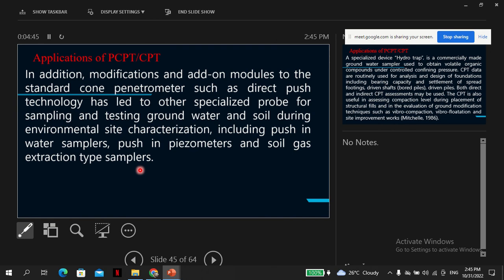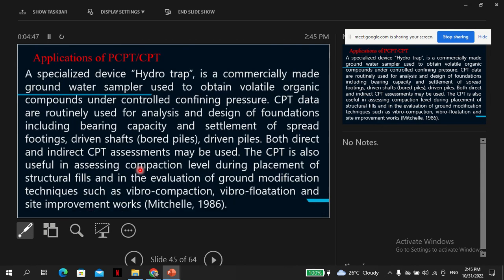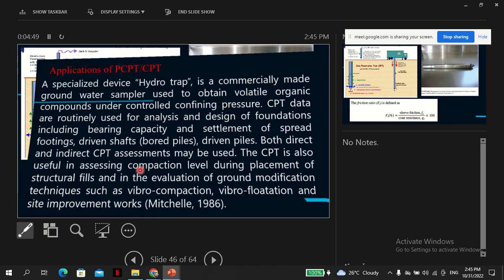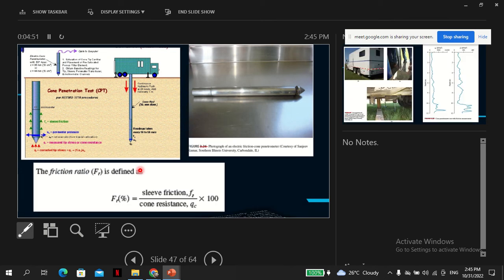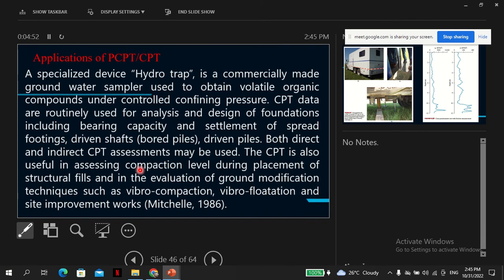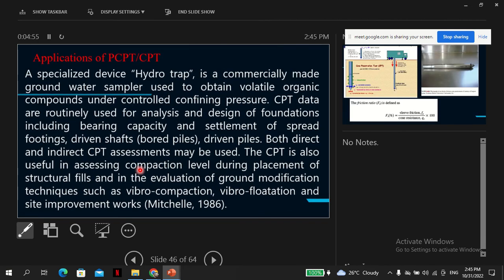So it's quite advanced that you can even tell whether water is contaminated or not. A specialized device called Hydropunch is commercially available, a groundwater sampler used to obtain volatile organic compounds under controlled confining pressure conditions.